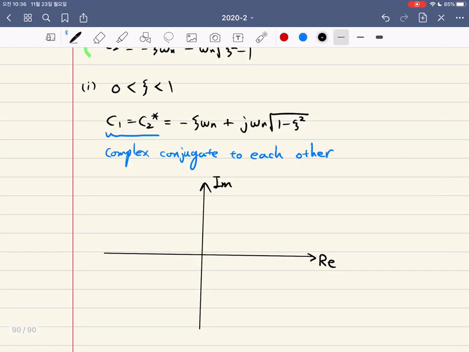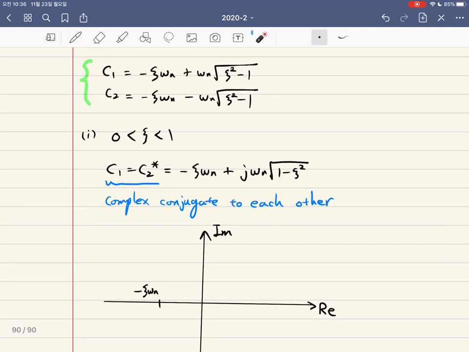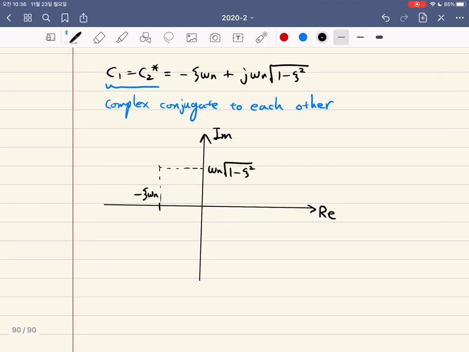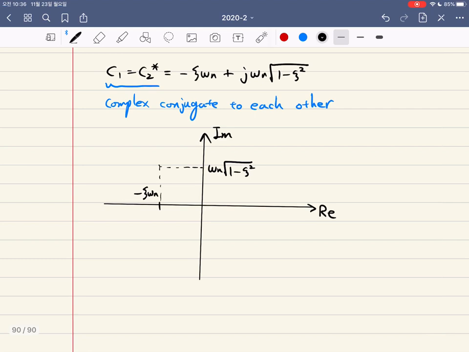Therefore, you will have minus zeta omega n here. And for the imaginary part, C1 has the positive one, so this is omega n square root of 1 minus zeta squared. So this is the first pole, and we have to mark that as x because we agreed to that.